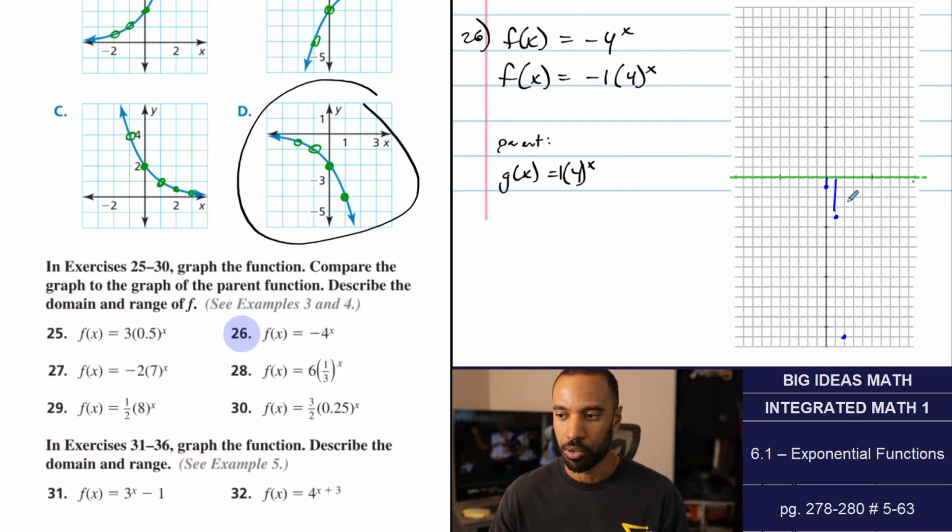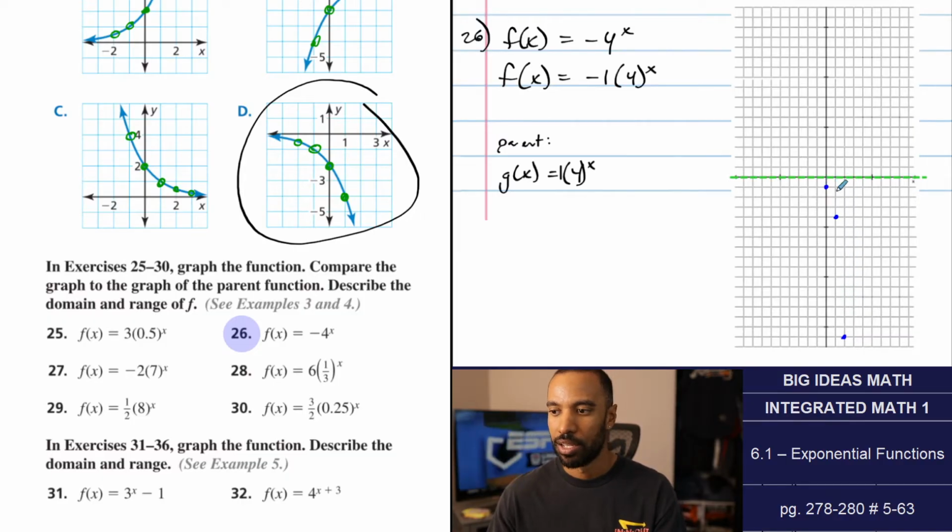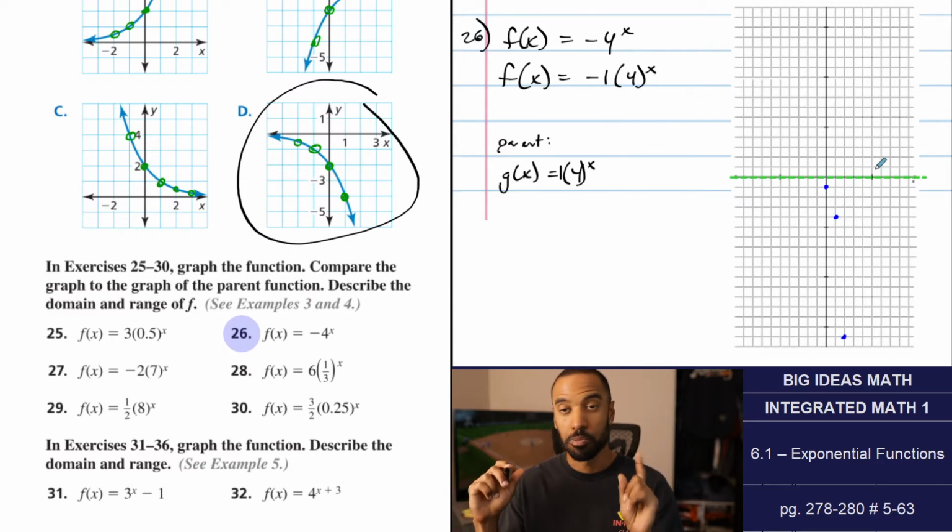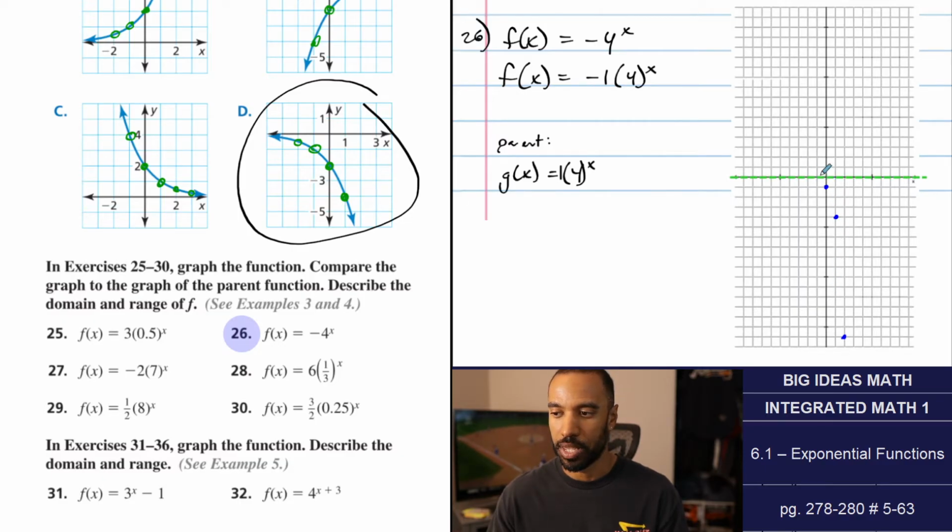It's 4 away from the asymptote. 4 away from there, 16 away from there, like that. Not like 4 down from here, okay? That's multiplying by 4. Let's divide by 4 as we go this way, right? Multiply by 4 as we increase, divide by 4 as we decrease. That's a quarter, and then 1/16, etc. Getting super close to 0, never actually becoming it.